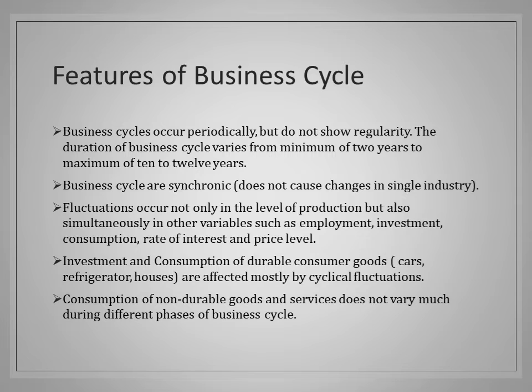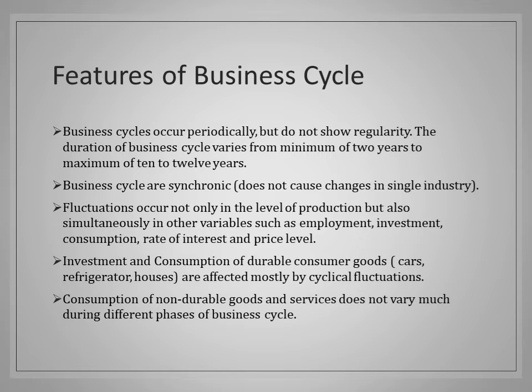The second most important feature of the business cycle is that it is synchronized. It means it does not cause changes in a single industry, as every industry of the economy is interrelated with each other. If there is a change in the agriculture sector, it will definitely cause change in the industry or the service sector, and vice versa.